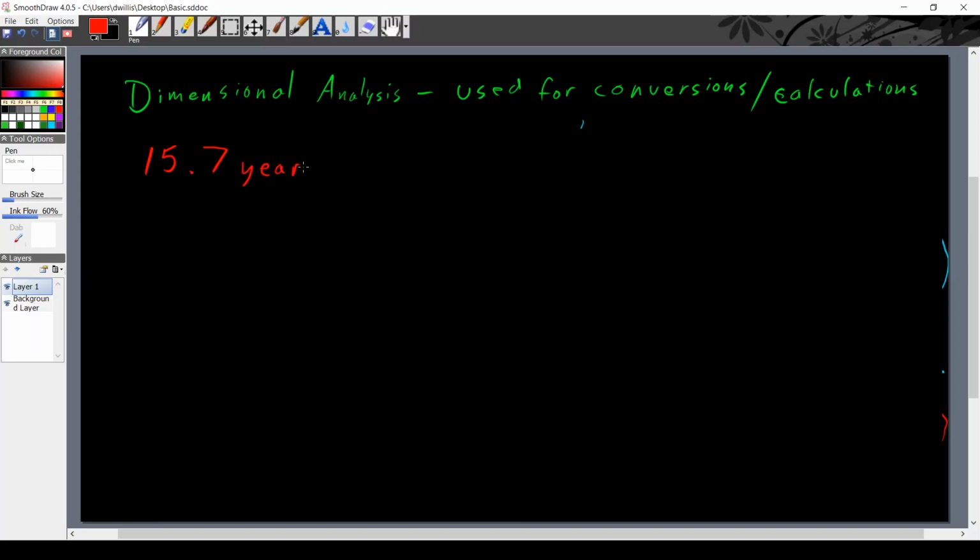What if I have a student who is 15.7 years old, and I would like to know how many seconds that student has been alive? Okay? All right, well, do you happen to know the conversion factor for years to seconds?